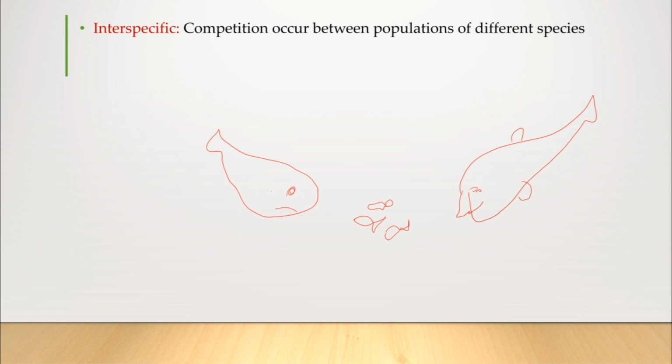If one of them eats a lot, the other gets less. That's the idea of interspecific competition.